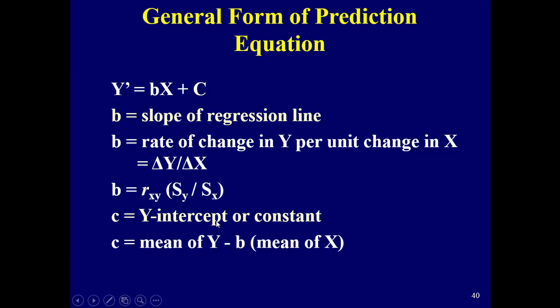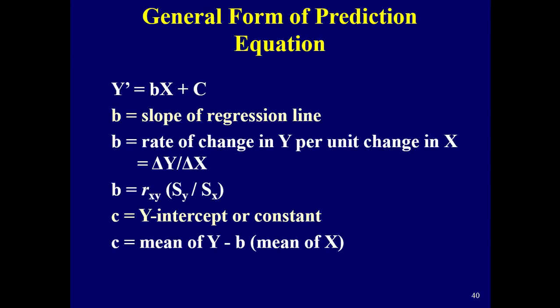This is a constant, and the y-intercept essentially is what is the value when x is equal to 0. What is the point at which that line is going to cross the y-axis, essentially the point where x is equal to 0? What is that y value?